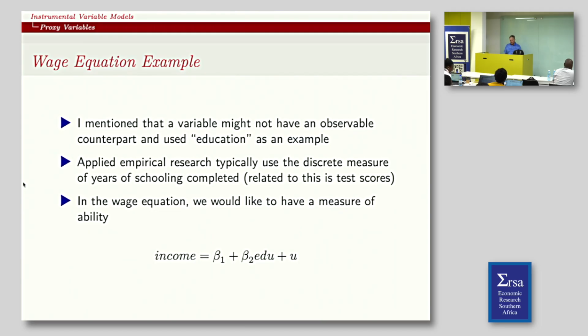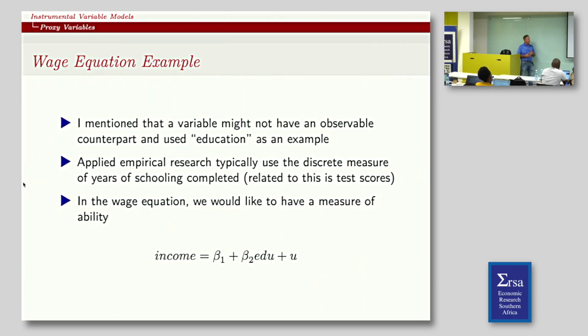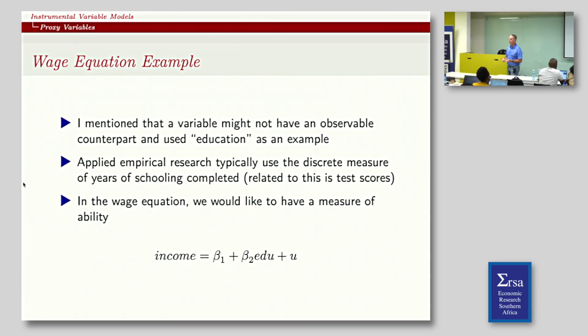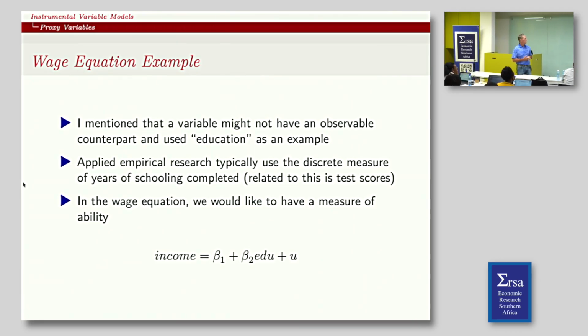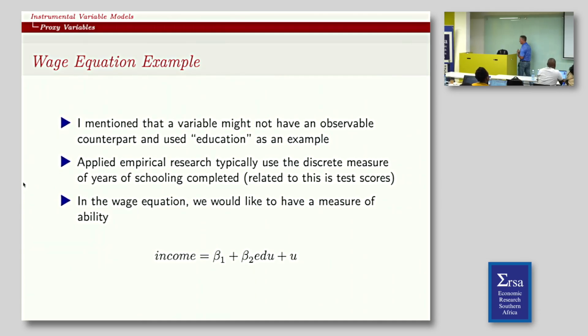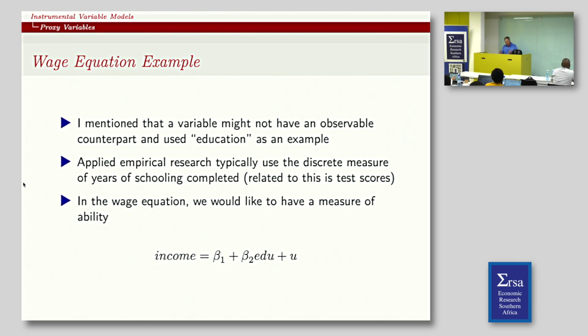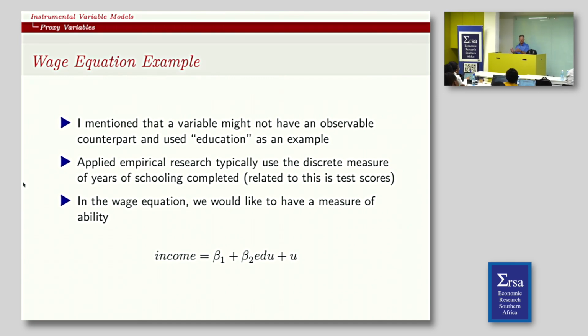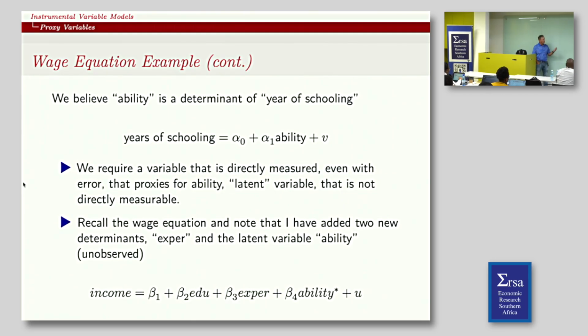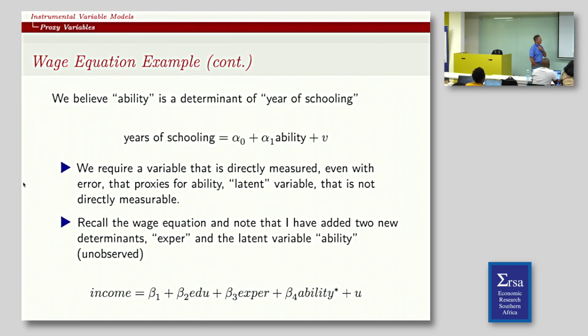So in that kind of world, it might make some sense to use education as a proxy for ability. Fair enough. This is one way to think about proxies. It is not the standard IV story that I'm going to tell you in just a couple of moments, but I'm going to use this thinking in a little while.